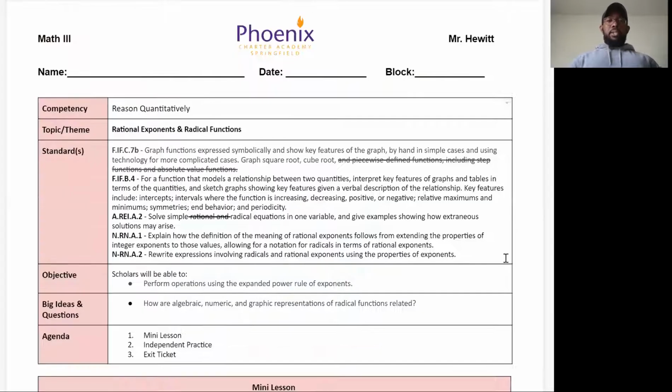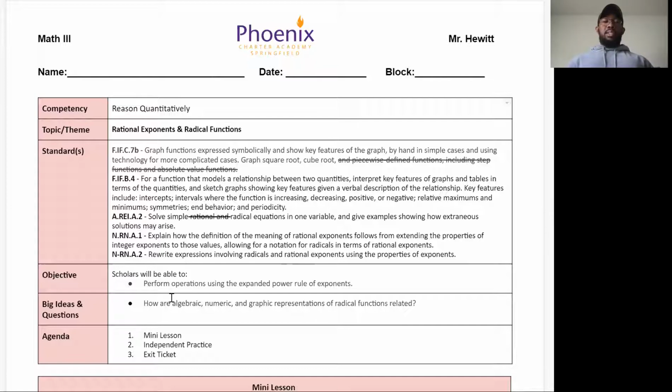So again, today you are going to be looking at the expanded power rule. You will be performing operations using the expanded power rule of exponents. On Monday you looked at the power to a power rule, and you will need to remember that in order to do today's lesson.